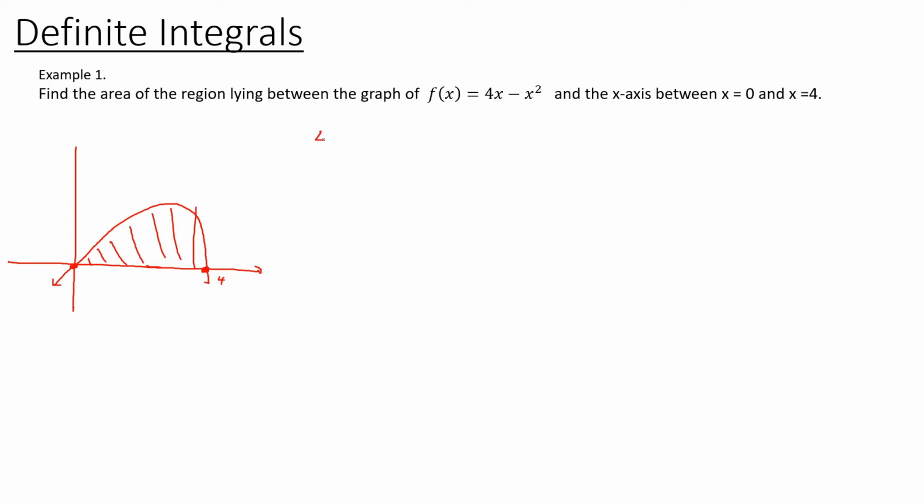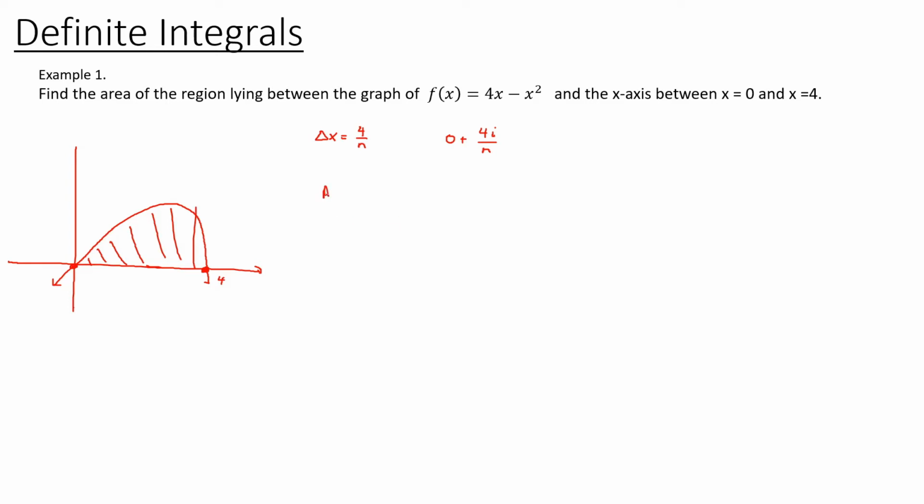So delta x, in this case, is 4 over n. And we're going to use the easiest method, which is the right endpoint, because you only have to multiply by i instead of i minus 1 or i minus 1 half, depending on whether you use left endpoint or the midpoint. So this will become 0 plus 4i over n as a sequence.